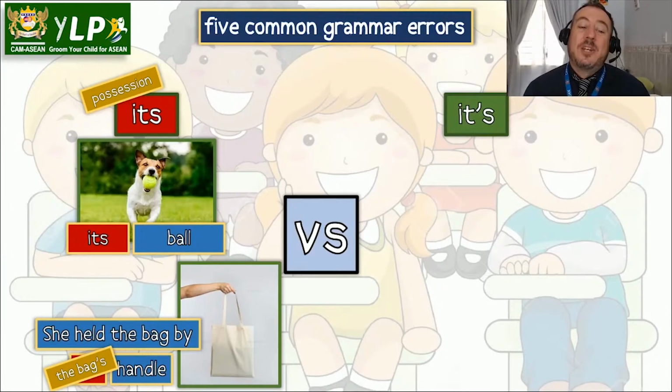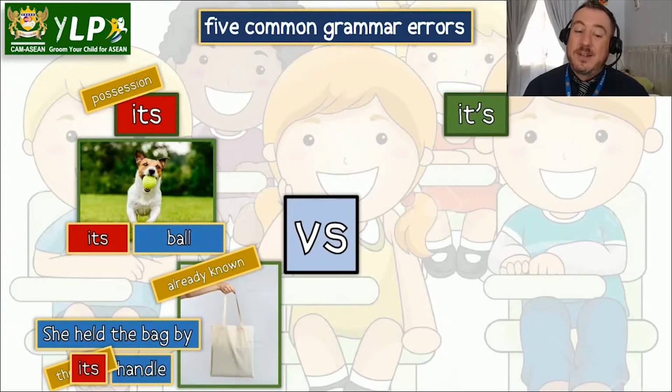So we can say she held the bag. We don't have to say she held the bag by the bag's handle. It's more common to say she held the bag by its handle because we already know that it means the bag.